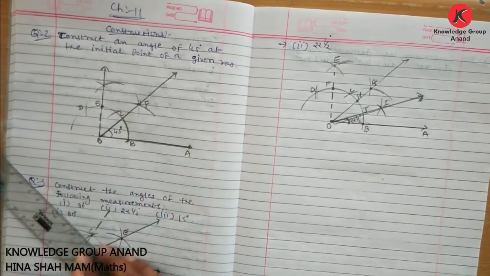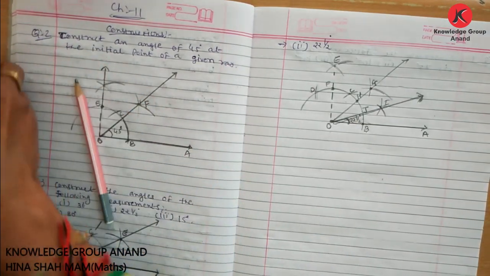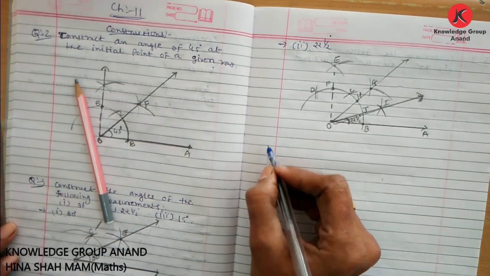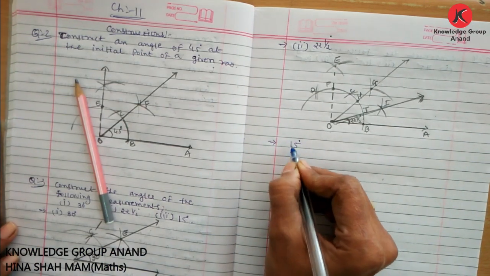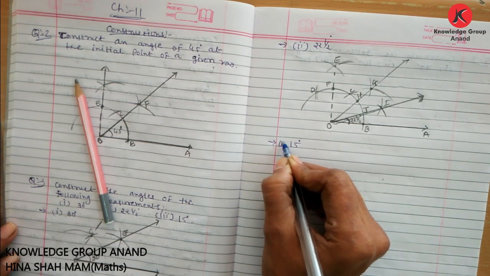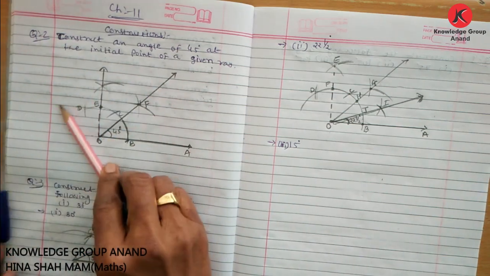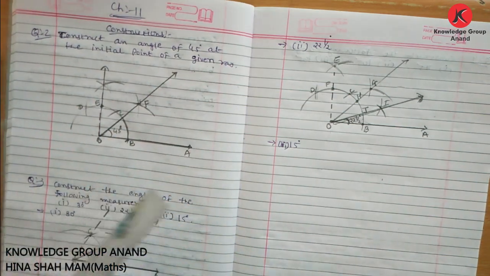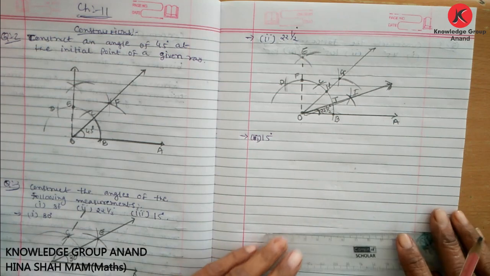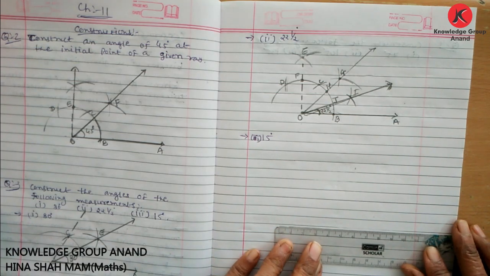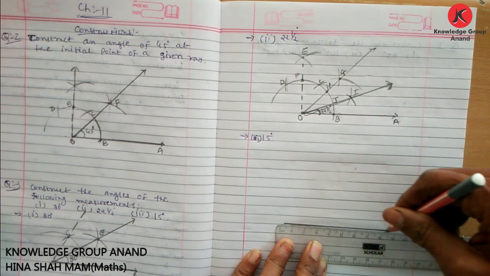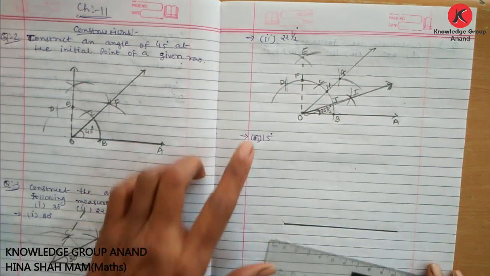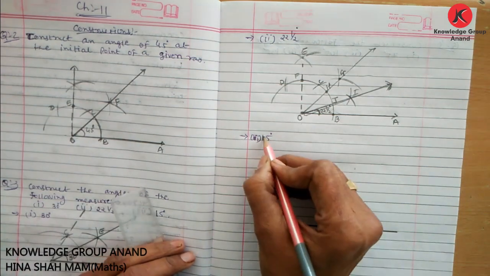Now 15 degrees. How to draw 15 degrees? First we draw angle 30, then draw half of it. 15 is half of 30.